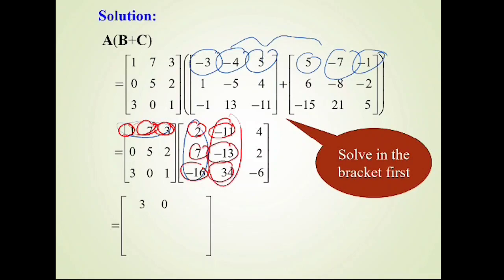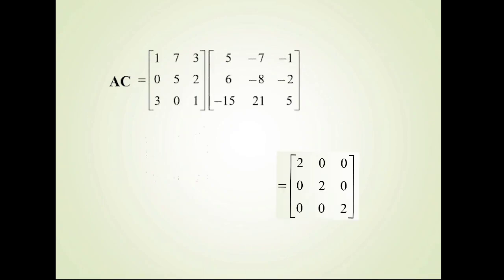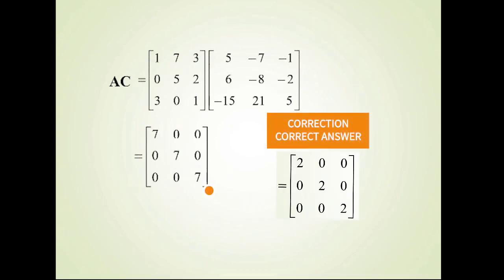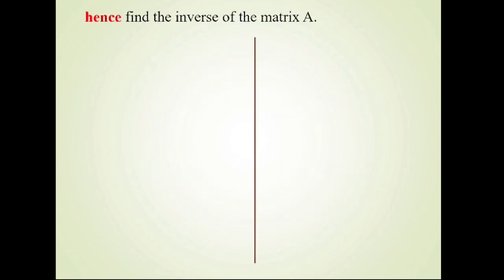Your answer is 0, and so on. So what is matrix AC? Multiply these two matrices together, and your answer is 7, 0, 0, 0, 7, 0, 0, 0, 7. Hence, find the inverse of matrix A.